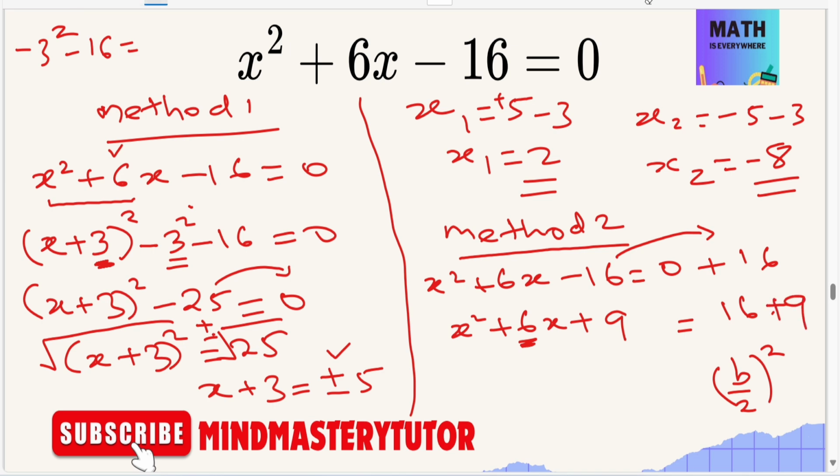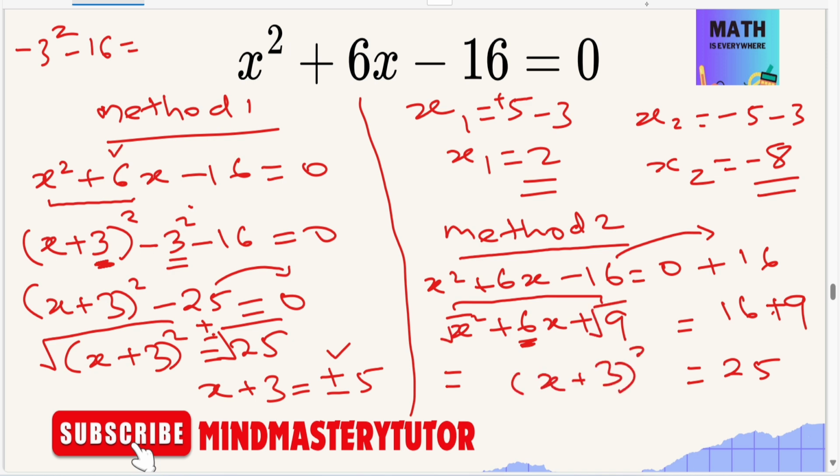Don't forget to add 9 also on your right side. So you do it this way. So after that, here it gives you the answer 25, and then factorize this one, which is very easy. You just square root the x squared and square root the 9 since it's a perfect square. So it will be the same as at the beginning, (x plus 3) squared. This 6x gives you 2, it helps you know the sign in the middle.